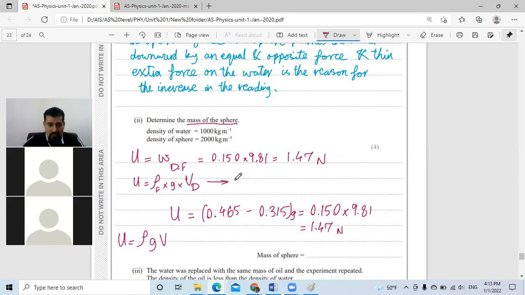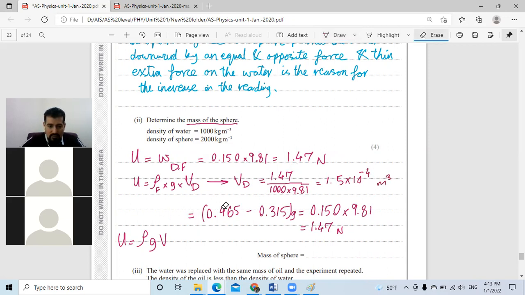So by doing that, the volume displaced is equal to 1.47 over the density of the fluid, which is 1000, multiplied by 9.81. The answer will be 1.5 times 10 to the power of negative 4 cubic meter.